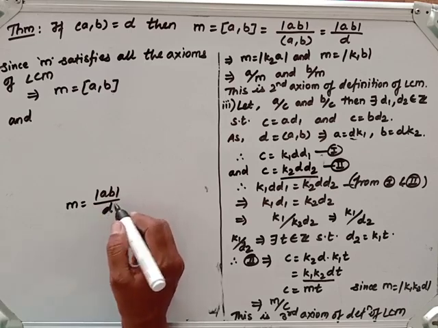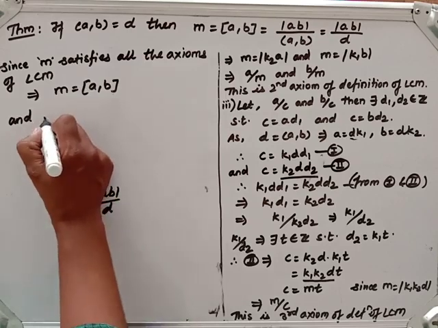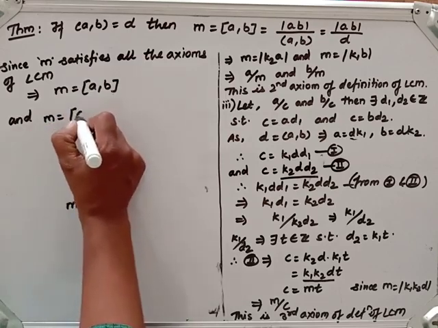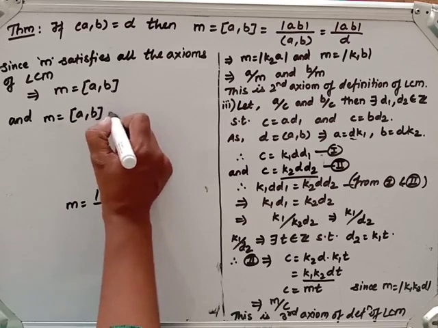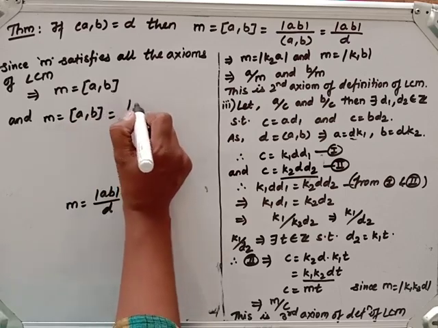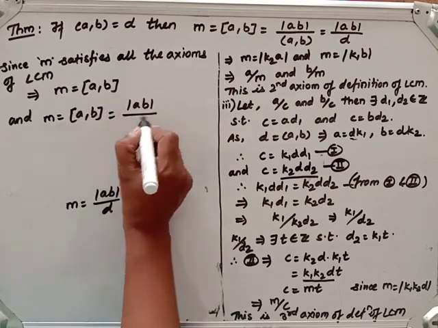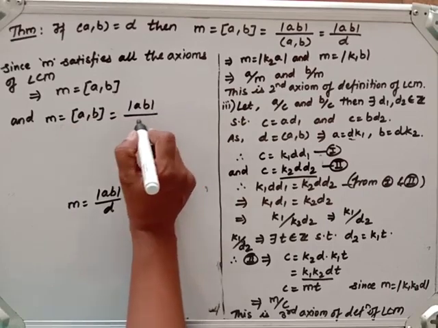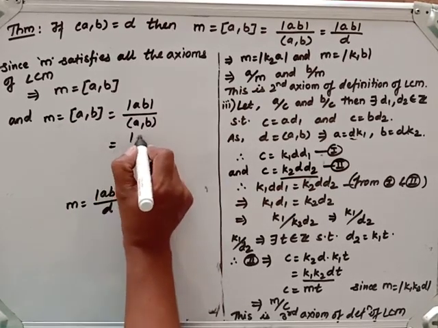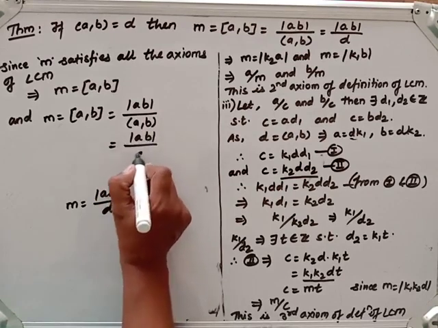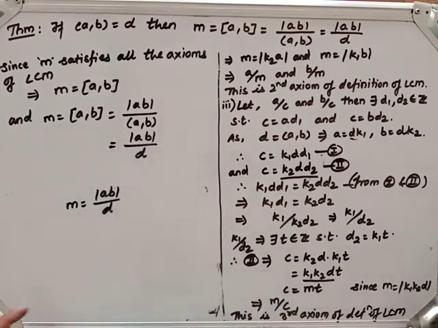For the first axiom we had assumed this. So I can write M is equal to LCM of A and B, and that is equivalent to modulus of A into B upon GCD of A and B, and that is same as modulus of A and B upon D.